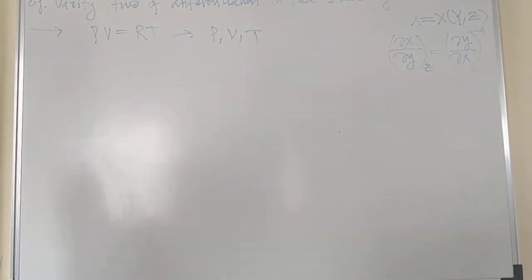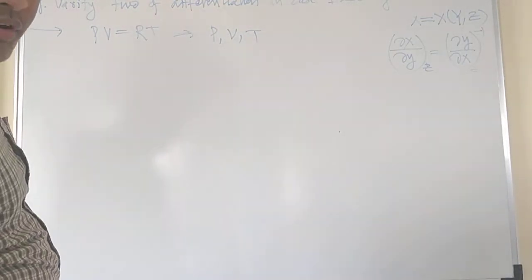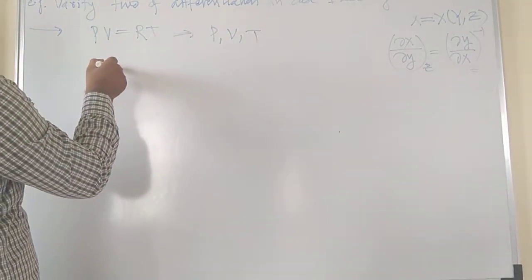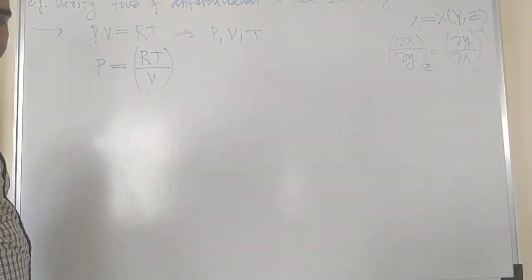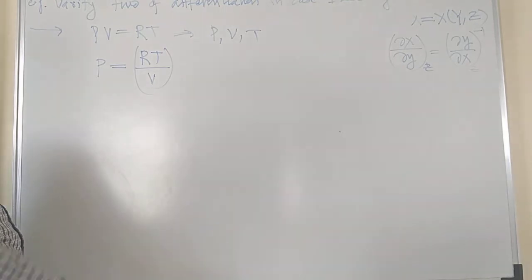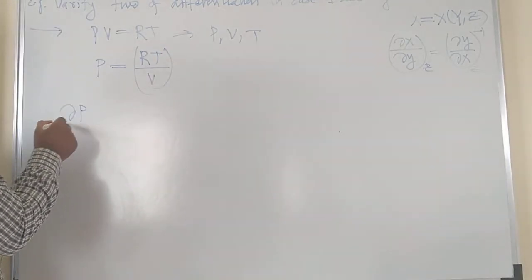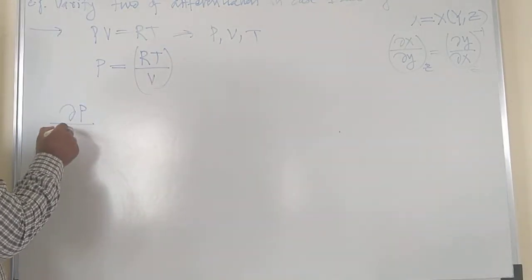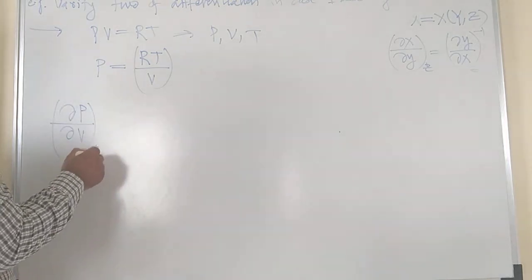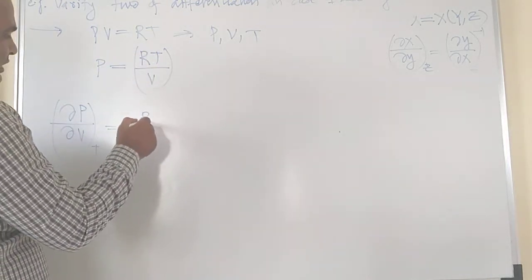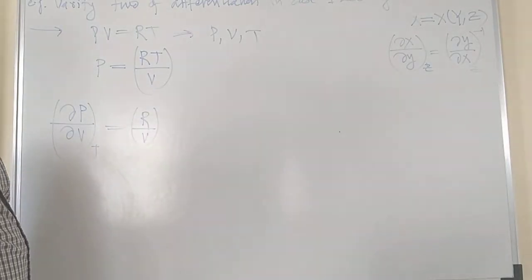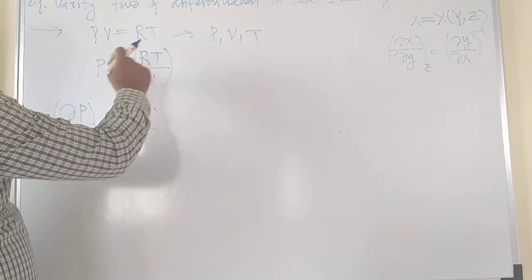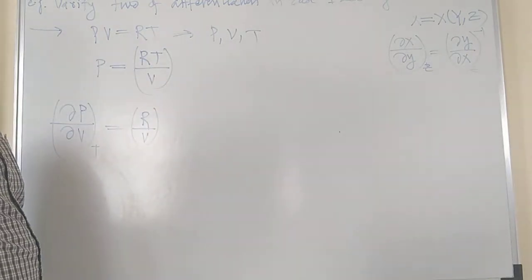So let me write this equation for P: P is equal to RT by V. And you can differentiate this with respect to volume at constant T. So this will be ∂P/∂V at constant T. T is constant, that means R is also constant.